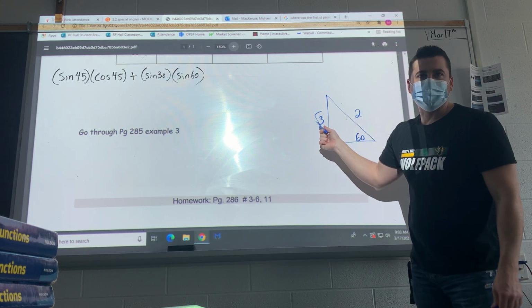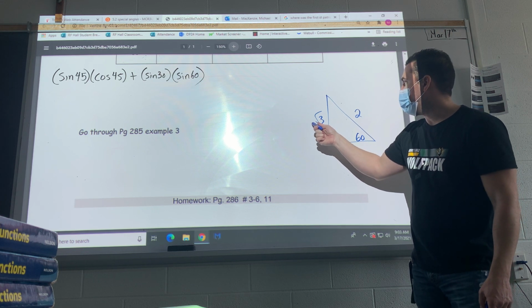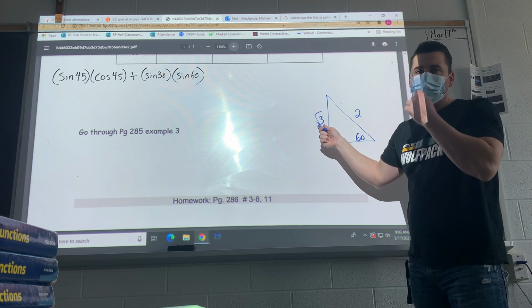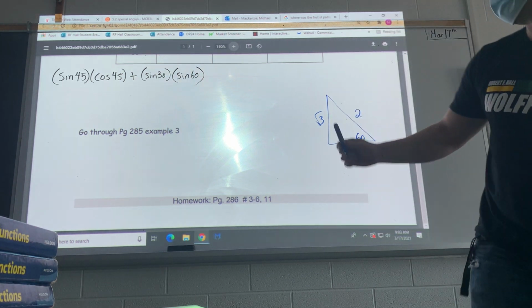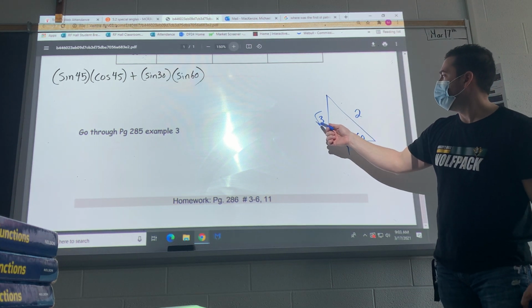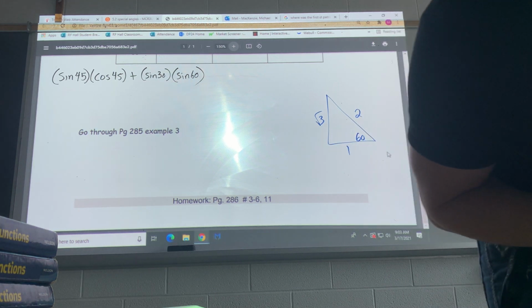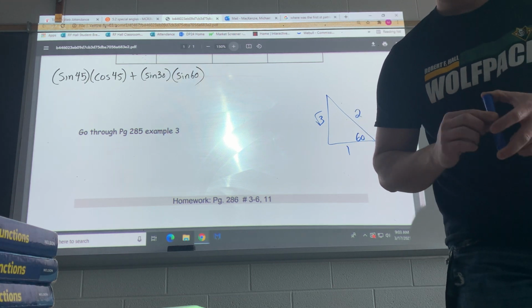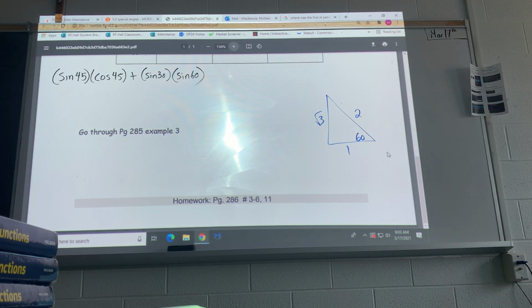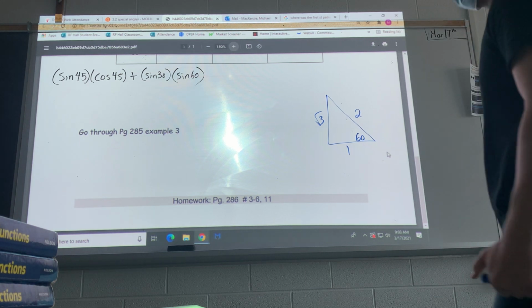The number itself is larger, Casey. But if you actually square root 3, you get 1.7. That is actually smaller than 2. Does that make sense? Okay, good.